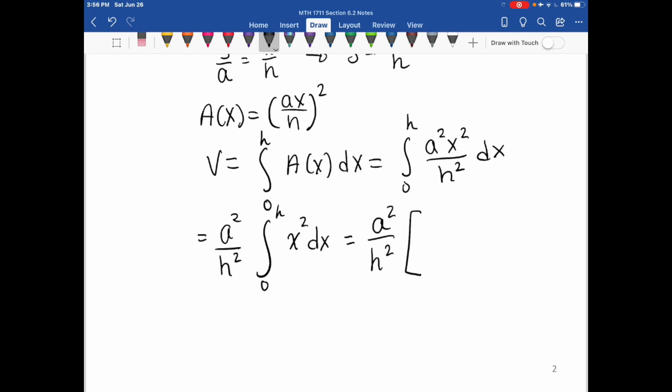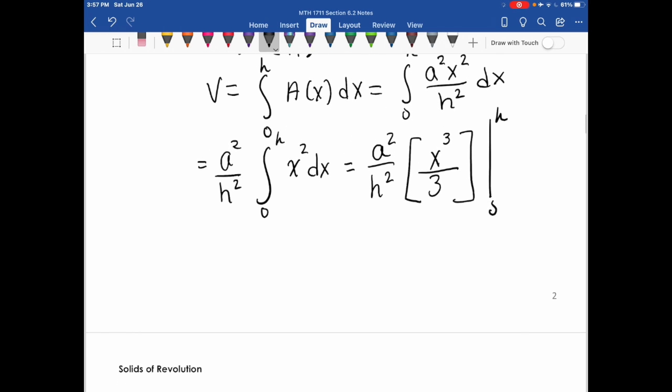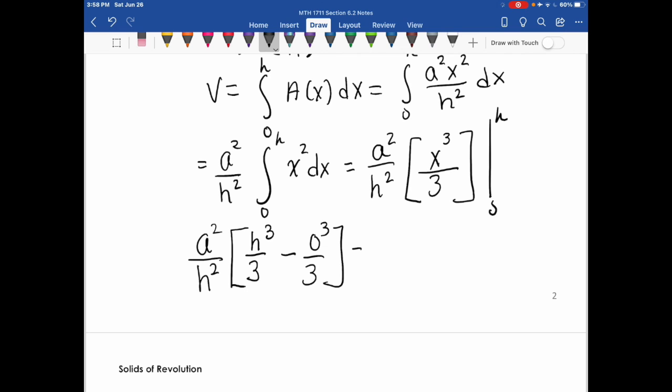Now, if I integrate this from 0 to h, I have my constant here pulled out. And when I find the antiderivative of x squared, I get x to the third over 3. Now, when I evaluate that, first I have to plug in h, so that gives me h cubed over 3, minus, now I plug in 0, so that gives me 0 cubed over 3. 0 cubed over 3, that's just 0.